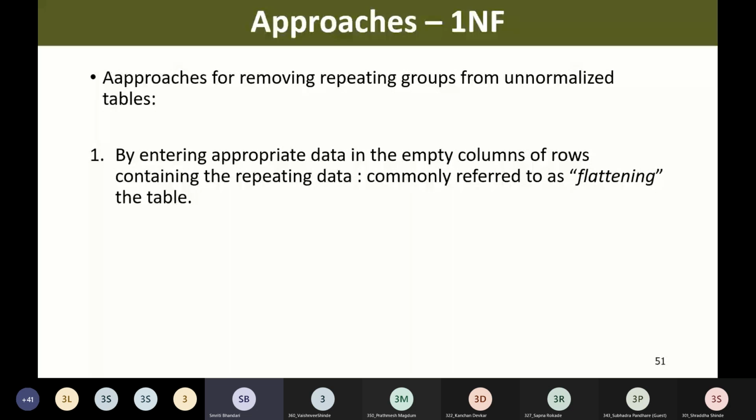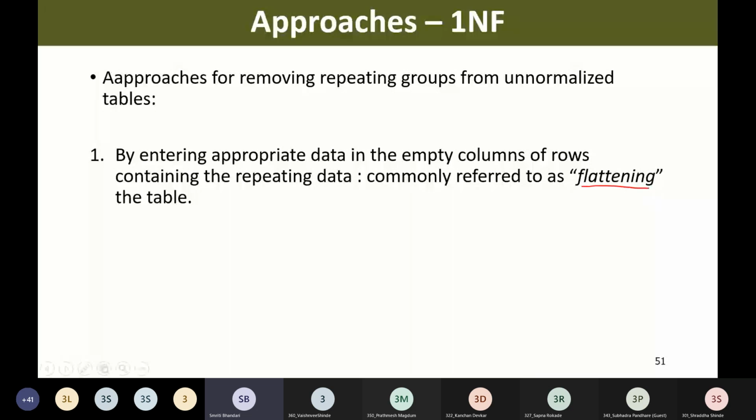What is the first approach? By entering appropriate data in the empty columns of rows containing the repeating data. This approach is commonly referred to as flattening the table. So this is approach number one, to convert an unnormalized table into 1NF.